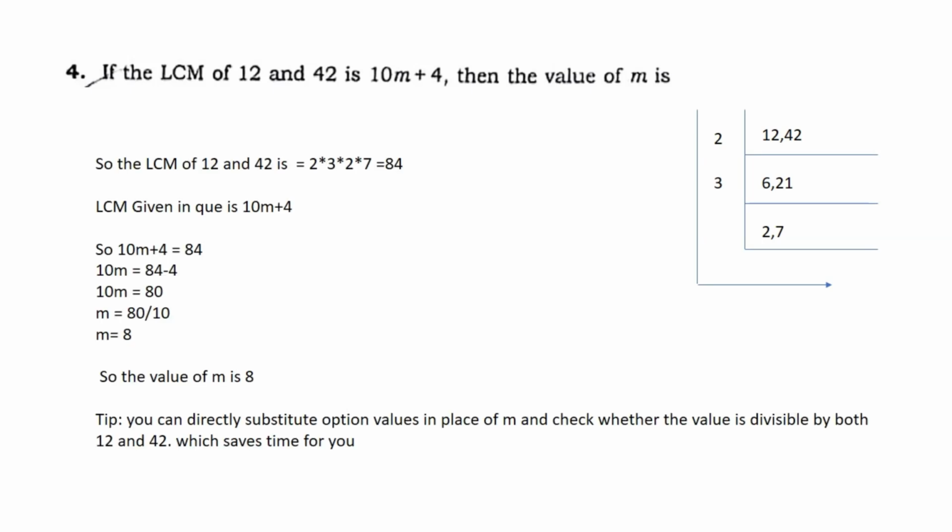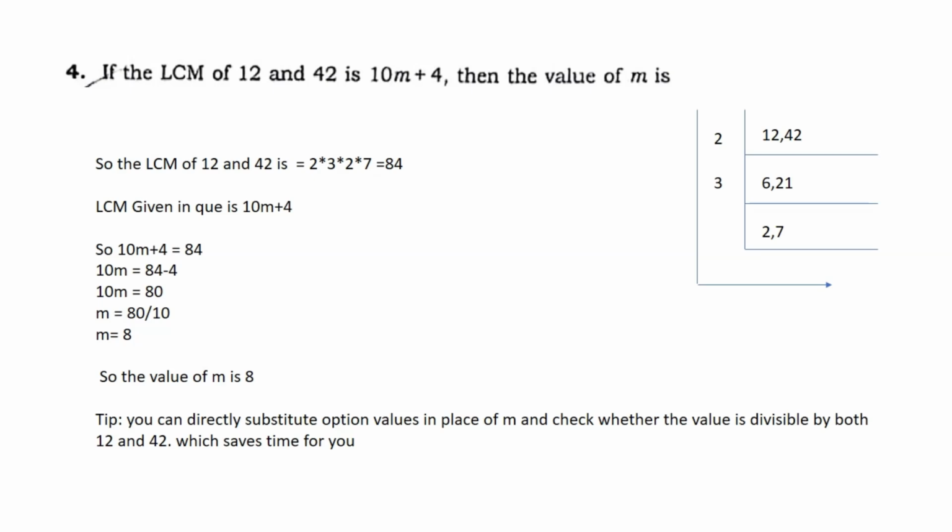By this, the LCM of 12 and 42 is 2 into 3 into 2 into 7, which means 84. But in the question, the LCM is given as 10m plus 4. By equating 10m plus 4 to 84, we get the m value as 8. This is the procedure to find the LCM and the answer.